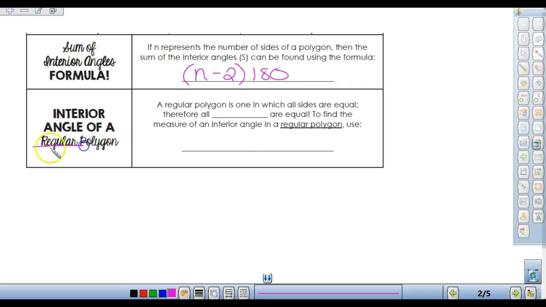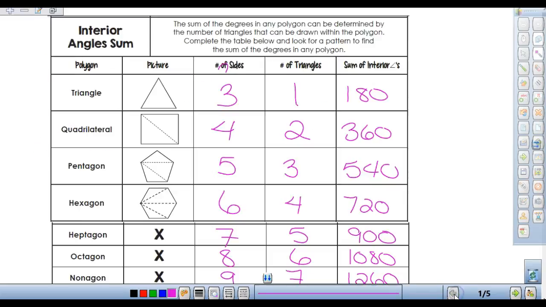If we talk about a regular polygon, a regular polygon is one in which all the sides are equal. So if all the sides are equal, then all the angles are going to be equal. Let's say I had a heptagon and it was 900 degrees, and I wanted to figure out how much one angle was.